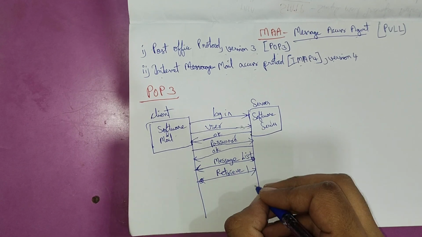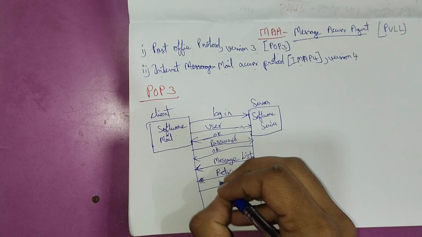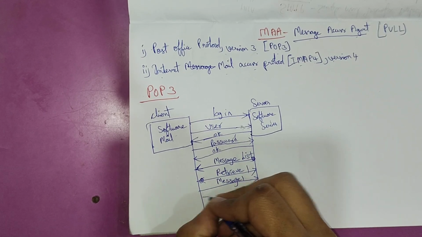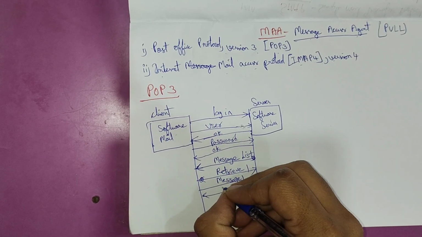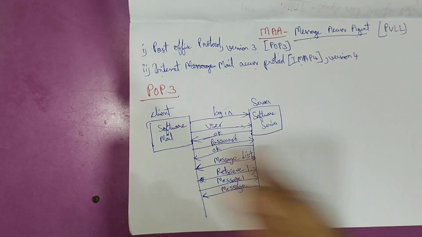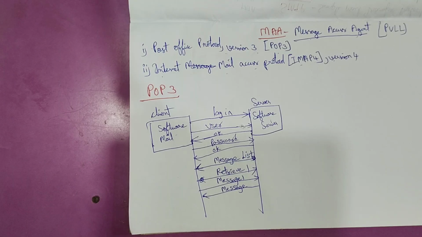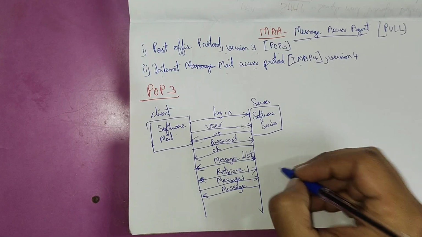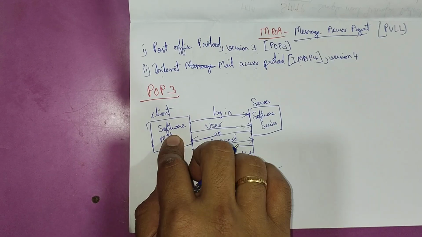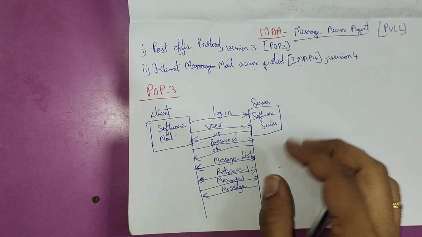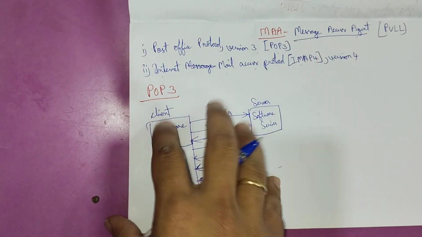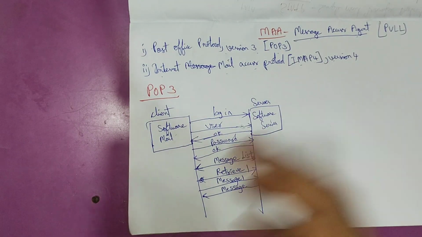After message one is requested, he gets that mail, whatever mail is stored. In this way the client checks the server and retrieves all the data. POP3 is mainly used for retrieving data.